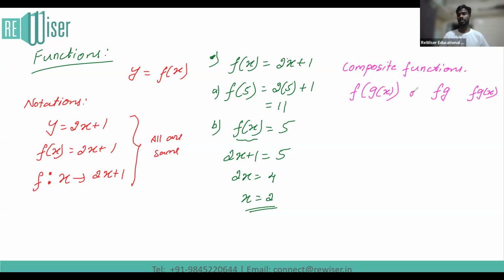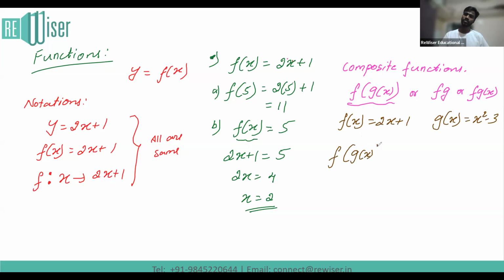These are the different notations that we have, but more commonly we will be using the first one. So f of g of x means, suppose I have f of x to be 2x plus 1, and I have g of x to be x squared minus 3. Suppose I need to find f of g of x.